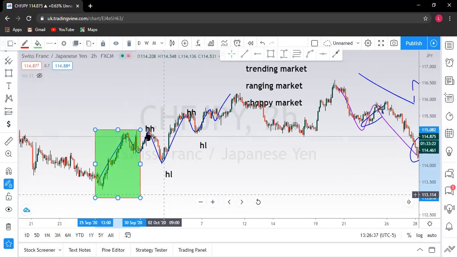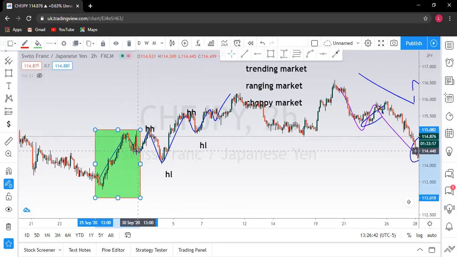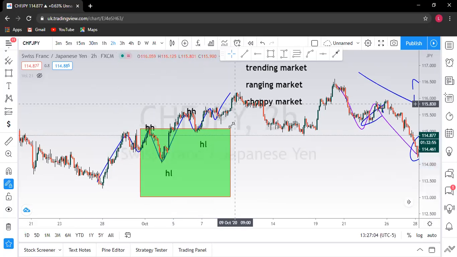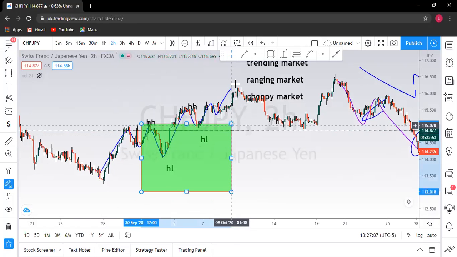If you look at this one very well, it came all the way down to clear these lows. That means this is not a high low, because it has already pulled back more than the previous one. So it has violated the rule. If you look at this high low, it did not go below the previous high low. That is why I would say the upward trend actually started from here to here. So that is how to go about the upward trend.